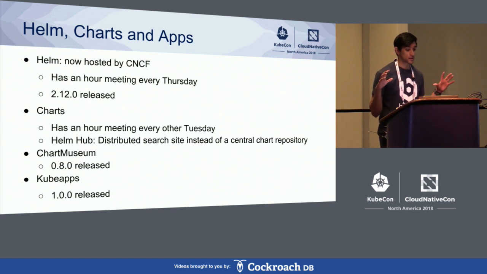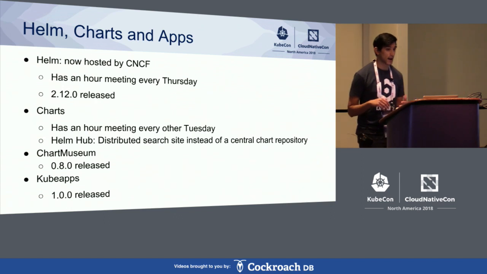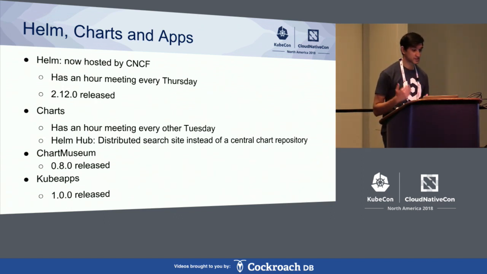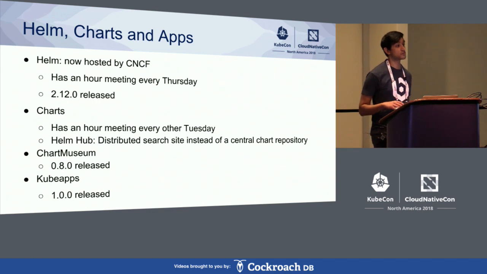One of the issues with Charts was that there was this huge repository inside the Helm org, which would have all the charts in both stable and incubator. And there was this huge bottleneck in getting charts merged into there. So we're trying to switch to a more distributed model where maintainers are responsible for their own chart repositories, but there's still one place where people can go and discover and find charts from different repositories.